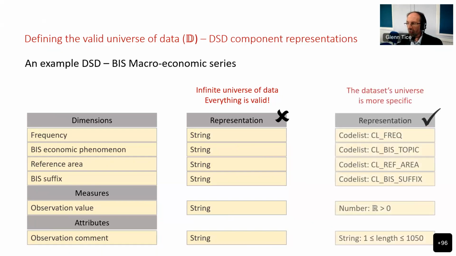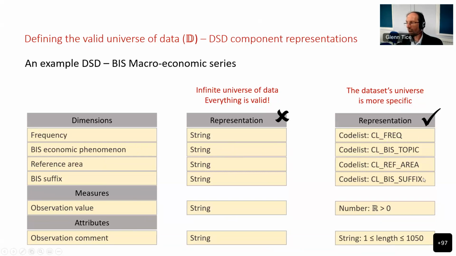So in designing our DSD, we could do something a little bit more specific. We can use various techniques in SDMX, and typically for dimensions that means defining our representation as a code list for each of our dimensions. So for frequency, we may say we're going to define the representation using the CL-FREQ code list, the frequency code list, and similarly for the other dimensions. For the topic, we have a code list defined, the BIS topic code list, and similarly for reference area, and similarly for suffix.